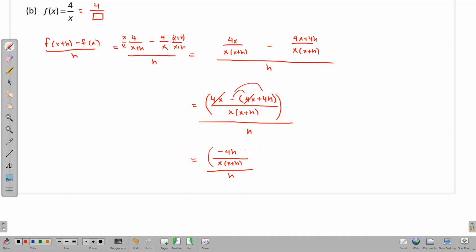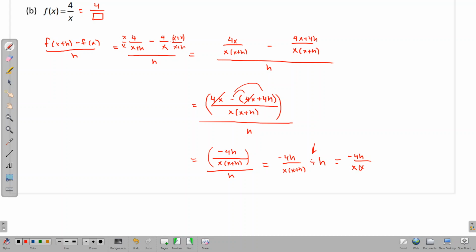This looks like a mess. Another way to write this is that it says this fraction divided by h. So let's write it that way, using the old divide sign. This says the same as this. And we know that the definition of division is to multiply by a reciprocal. In other words, keep, change, flip.